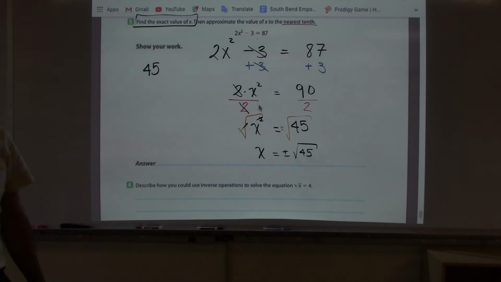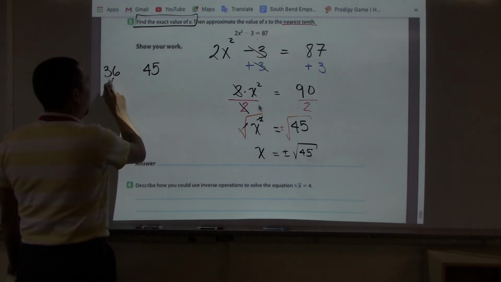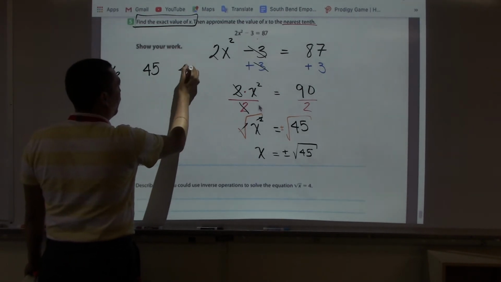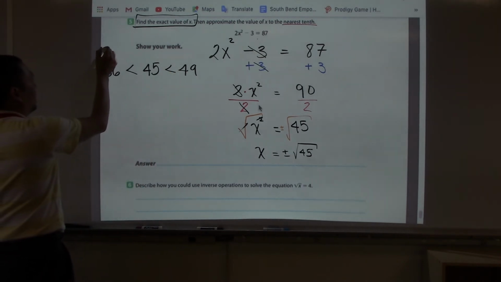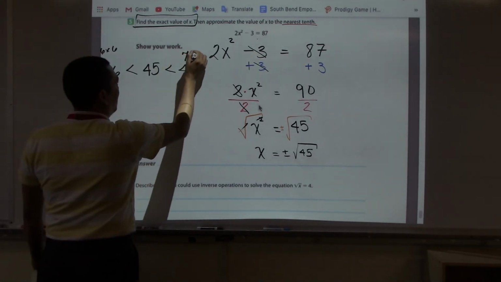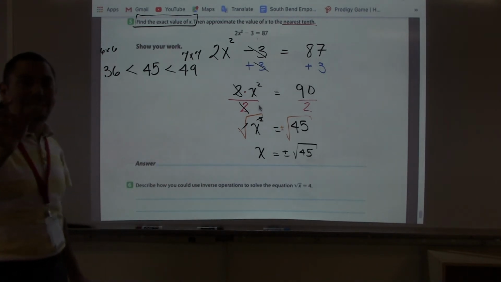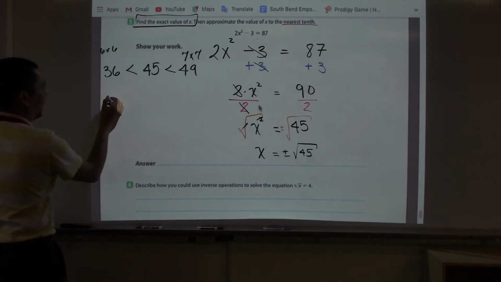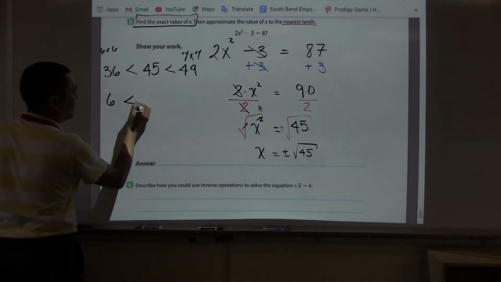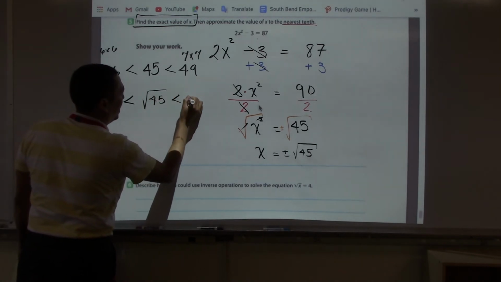For example, 6 times 6 equals 36, and 7 times 7 is 49. So my solution is between 6 and 7. So 6 is less than the square root of 45, and it is less than 7.